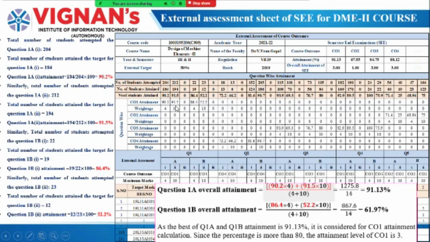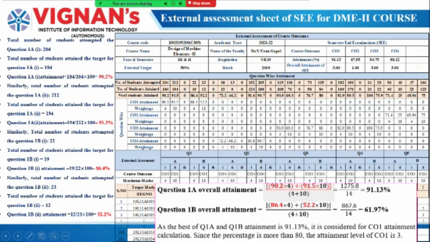So like that you will get the percentage of 61.97. If you observe, the best attainment is 91.13. Then you have to consider the first question only, question 1A only. So this is above 80. That means our attainment level will be 3.